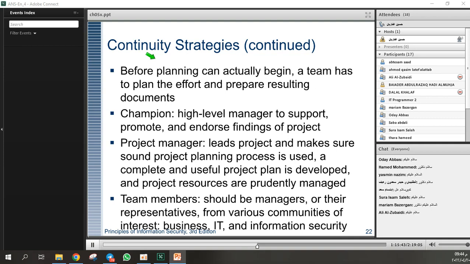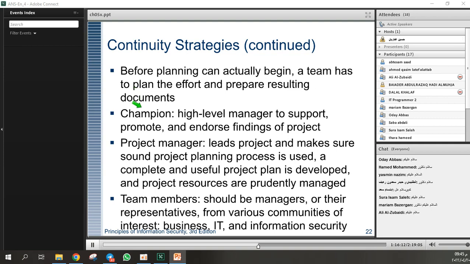According to this, I need to plan. I need to prepare some plans. I need to create a team to plan for those items, for IRP, DRP, and BCP. I need to plan the efforts and prepare the resulting documents to have those plans.